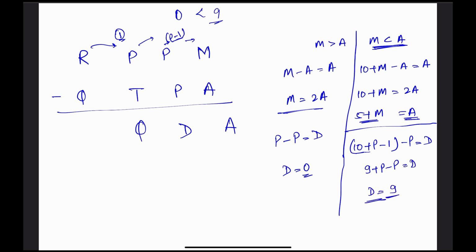So it all depends upon M and A, that either D could be 9 or D could be 0.